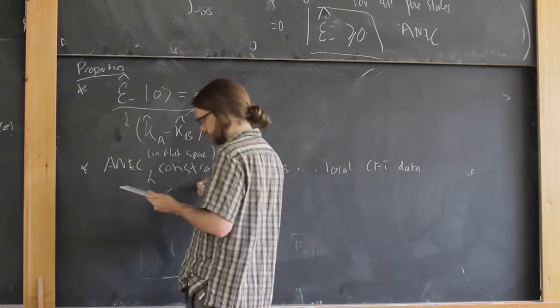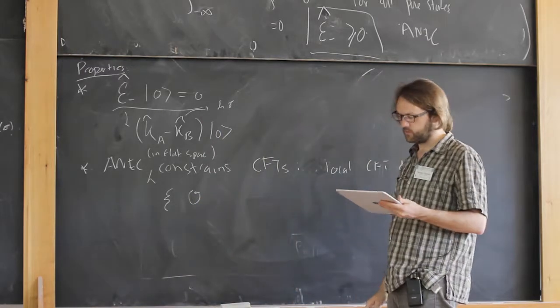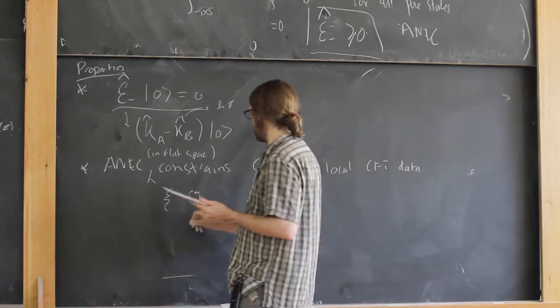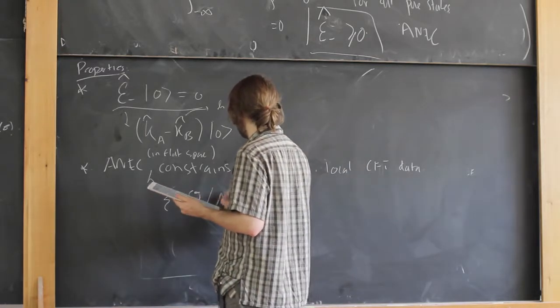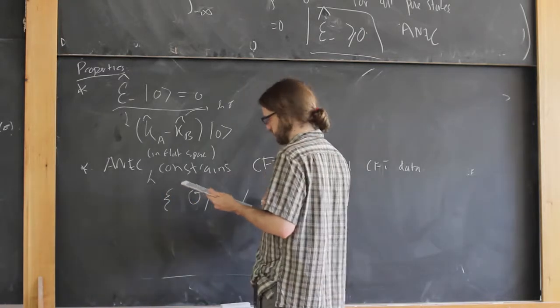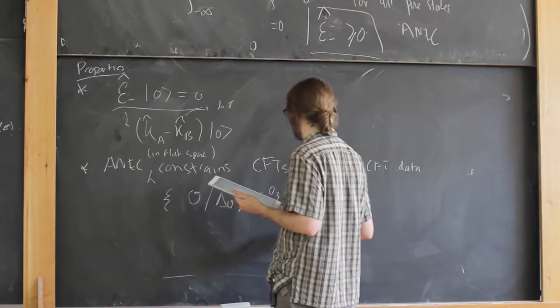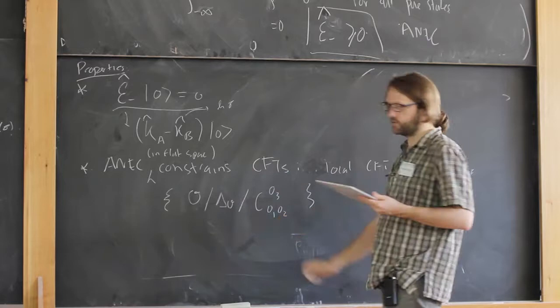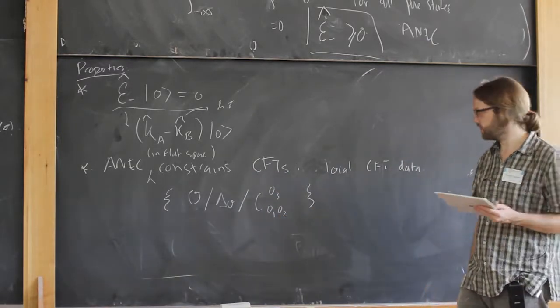To describe, for example, correlation functions in a CFT of local operators, you should know the spectrum of operators, their dimensions, and their OPE coefficients between three of them. And then that's enough to determine all of the local correlation functions in theory.